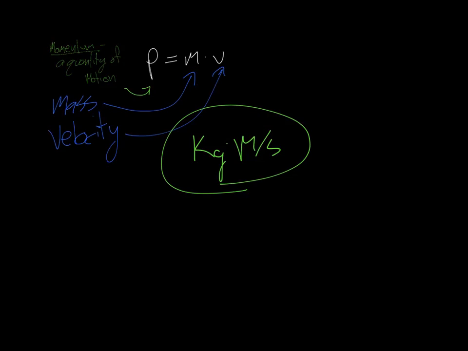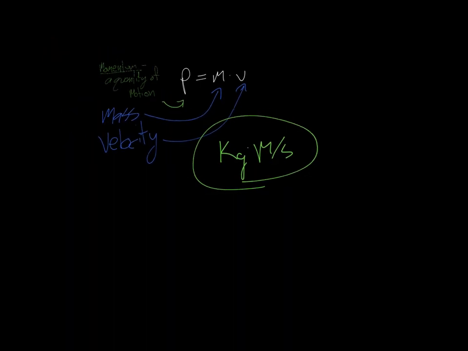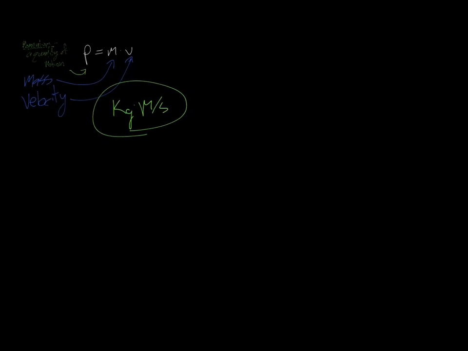Now, as we learn from Newton's second law, the force on an object is equal to its mass times its acceleration, and acceleration is defined as a change in velocity over time.